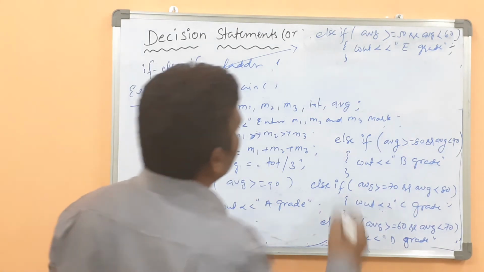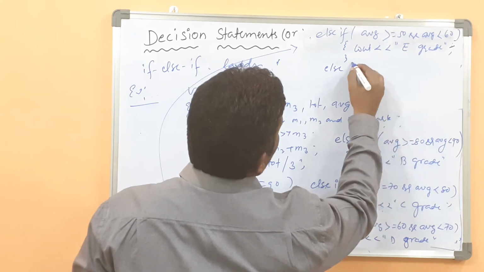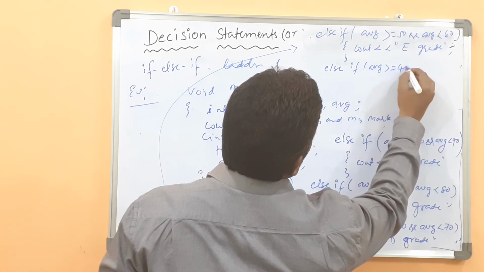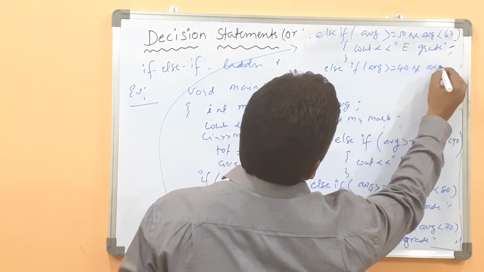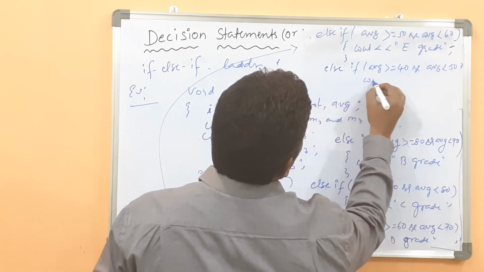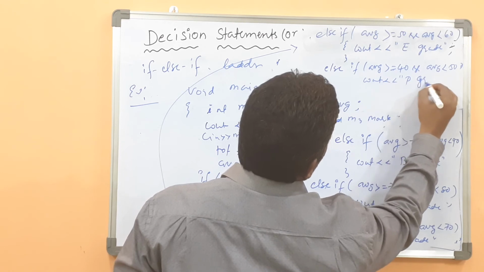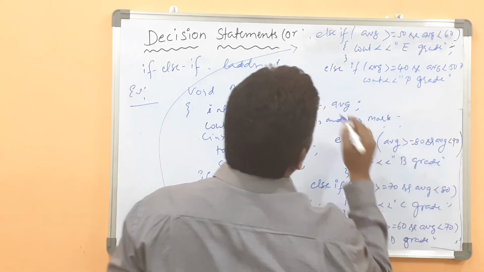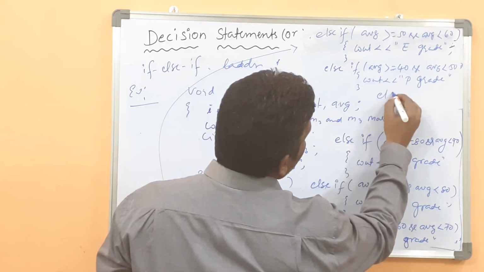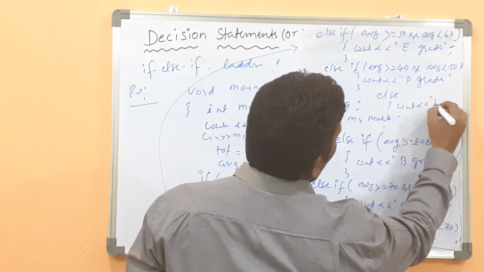Then else if average 40 to 50, it is called P grade, finally passed. Then else, cout no grade, fail.